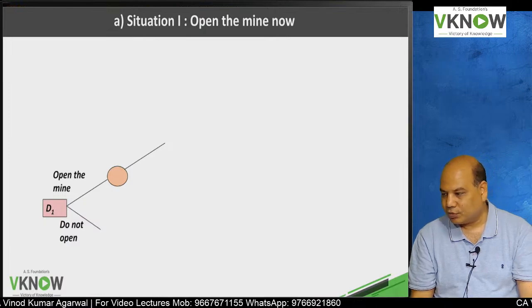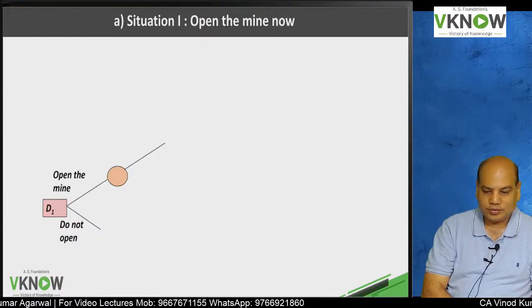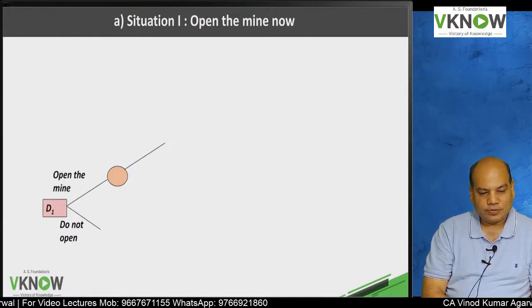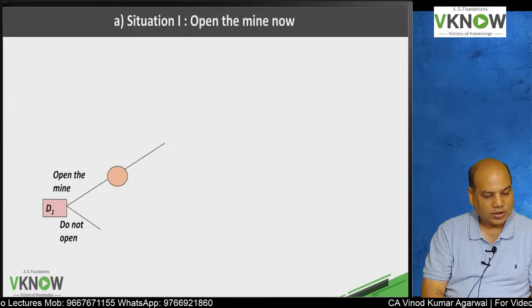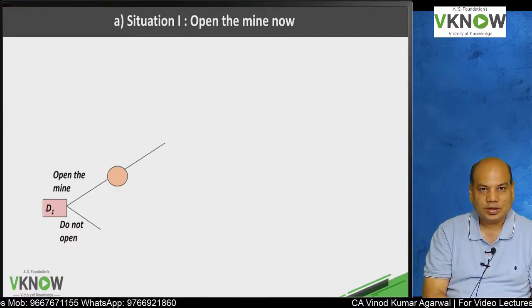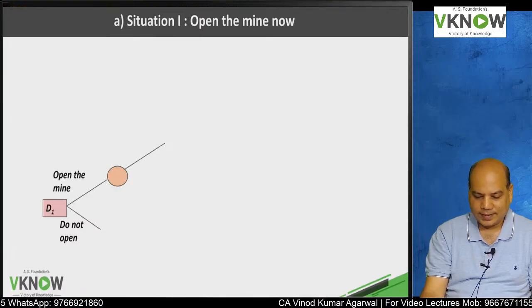So how would the flowchart look like? First I am going to draw a diagram for you. Diagram is not mandatory because they have not asked for a diagram, but without a diagram it is difficult to visualize the entire problem. So D1, write down open the mine, do not open the mine.